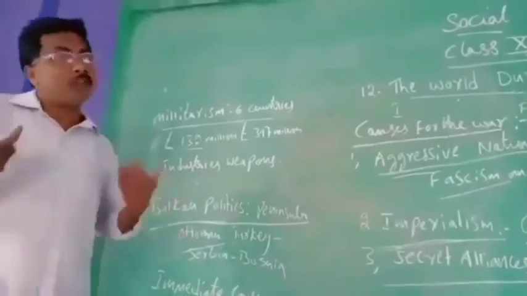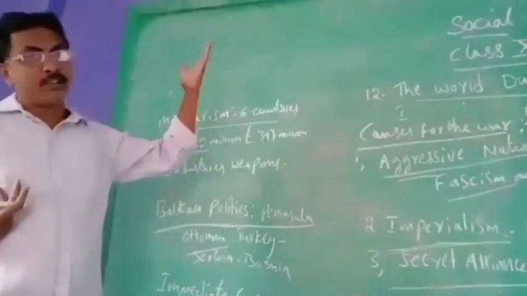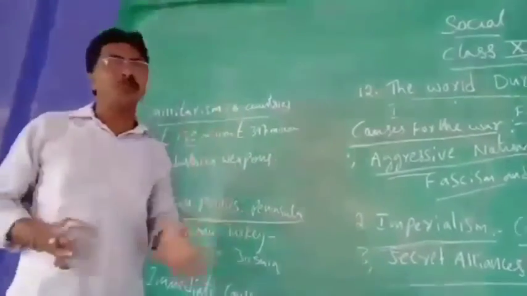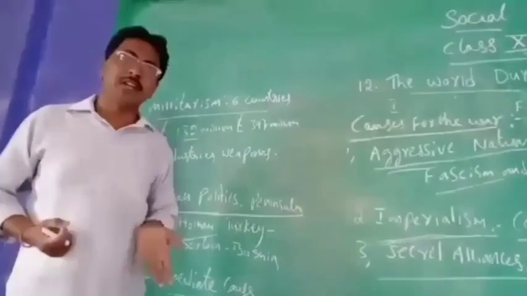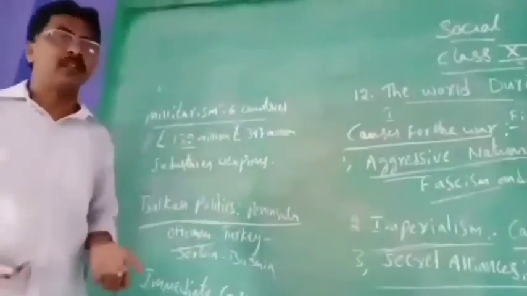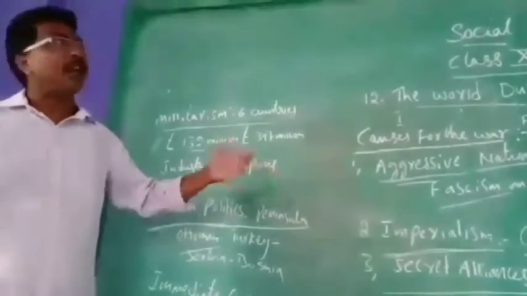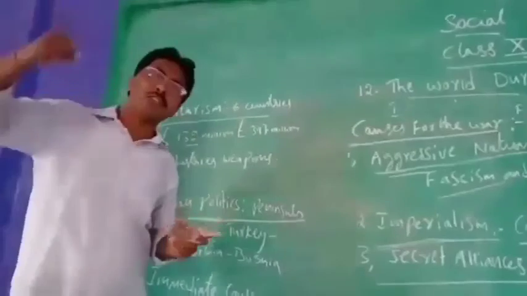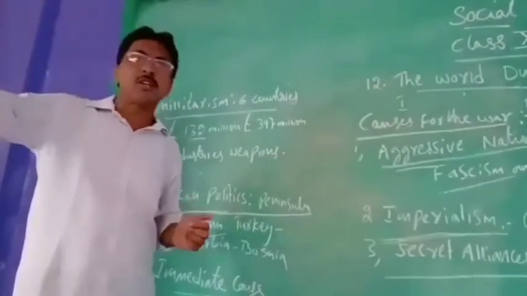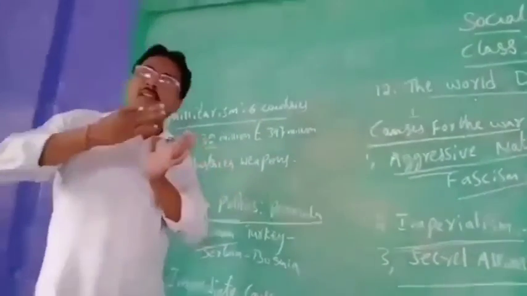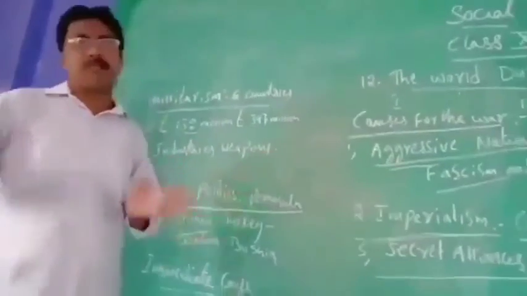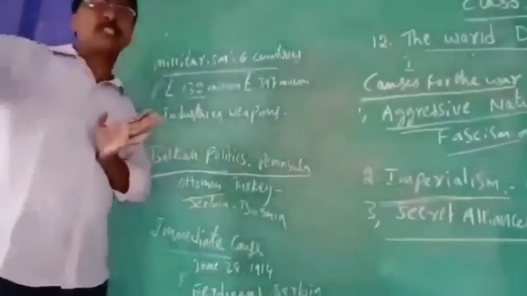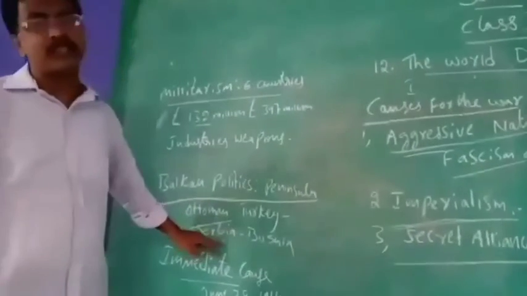Because we are Christians and the ruler is a Muslim. They said we don't want a Muslim ruler to rule our country, because our country is totally Christian. So the Serbian people did a revolution against the king, and Russia also supported. So with this, he left Serbia independent. Like that, Serbia became independent.